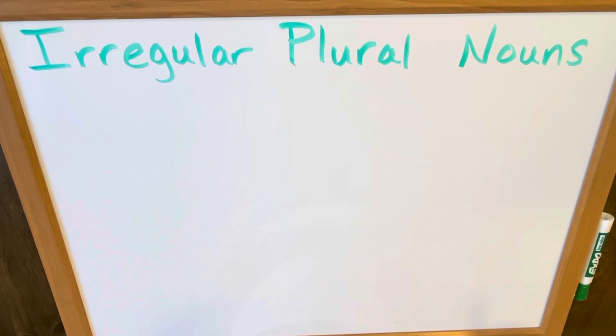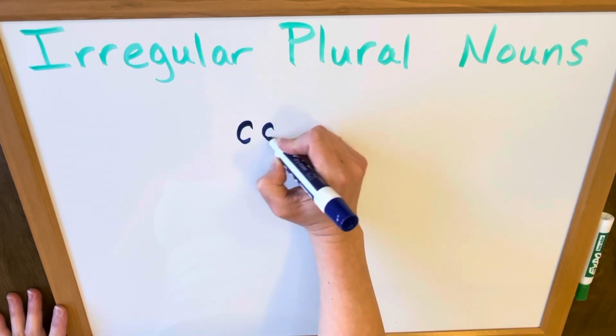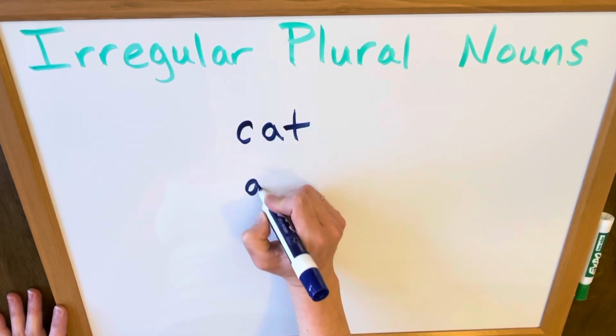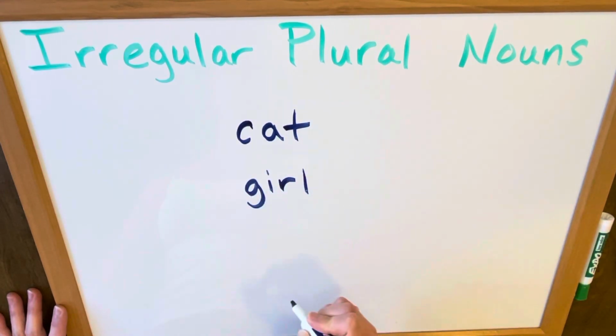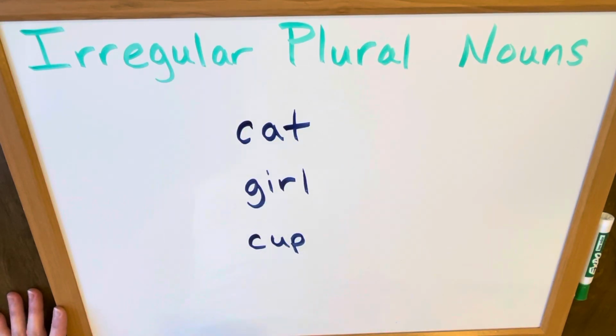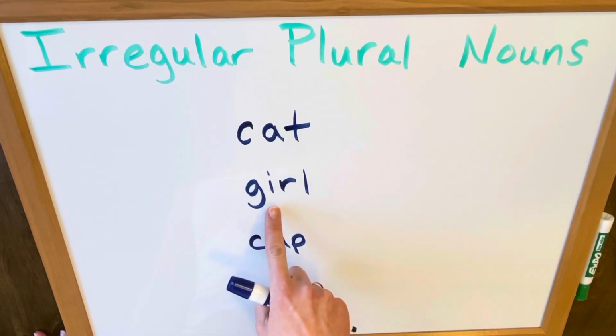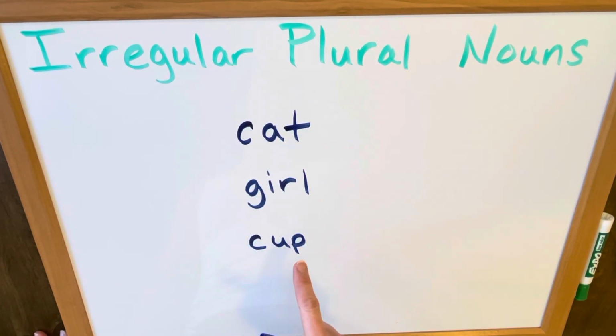Okay, so some simple examples would be a cat, a girl, right? A cup. Okay, so if we talk about making these nouns plural, plural just means more than one.